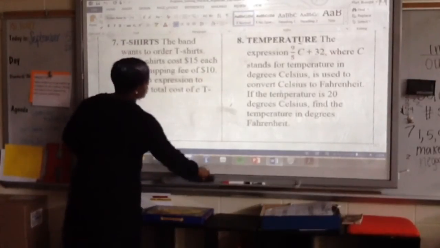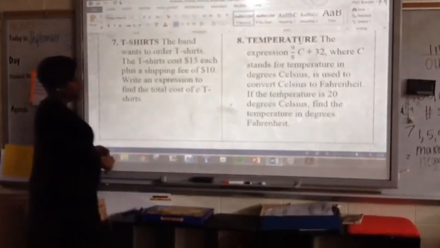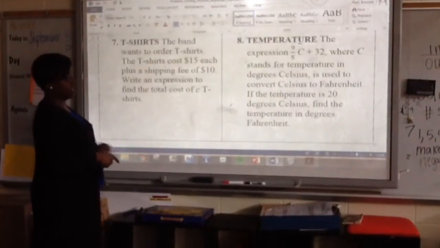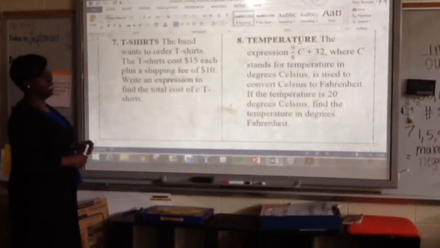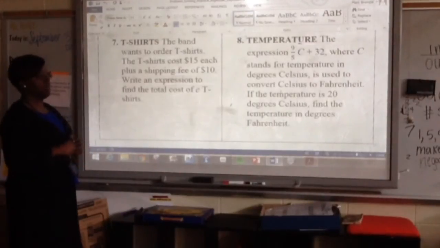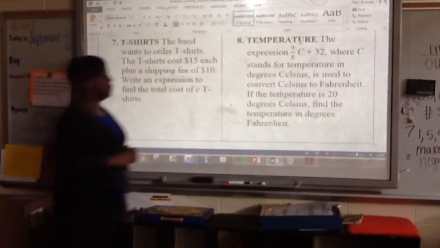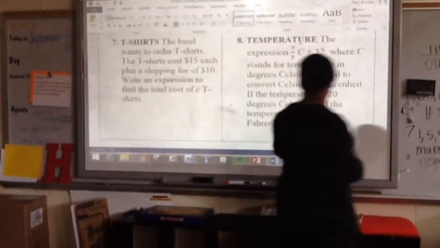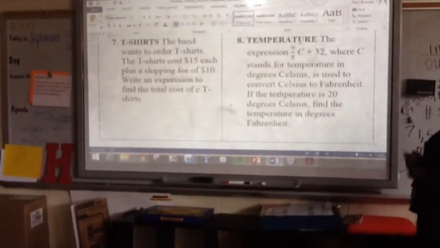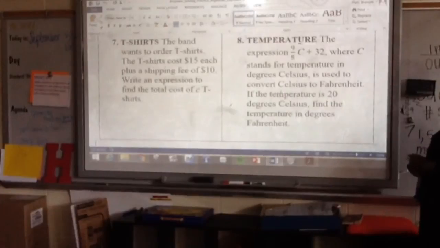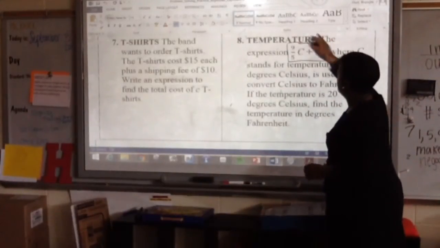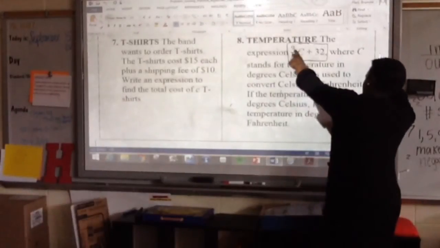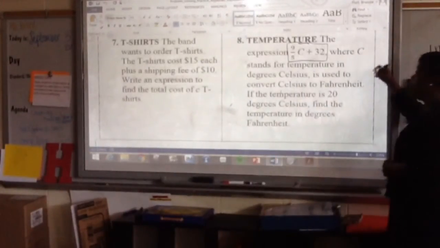Same process, alright? It says the expression 9/5 C plus 32, where C stands for the temperature in degrees Celsius, is used to convert Celsius to Fahrenheit. And it says if the temperature is 20 degrees Celsius, find the temperature in degrees Fahrenheit. Let's break it down. This expression, what operation is going on between the 9/5 and C?